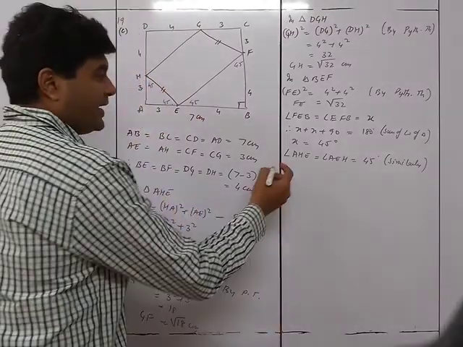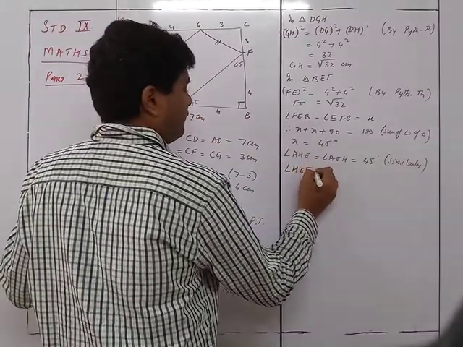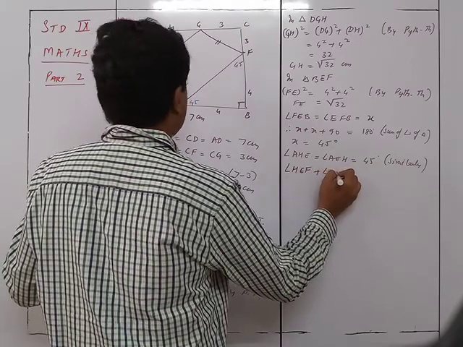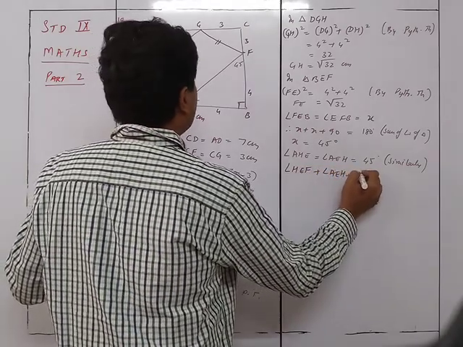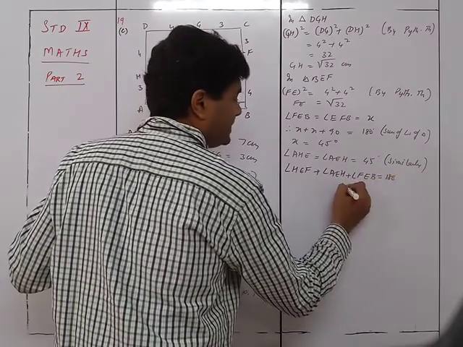So that's why angle HEF plus angle AEH plus angle FEB is equal to 180 degrees, angles on a straight line.